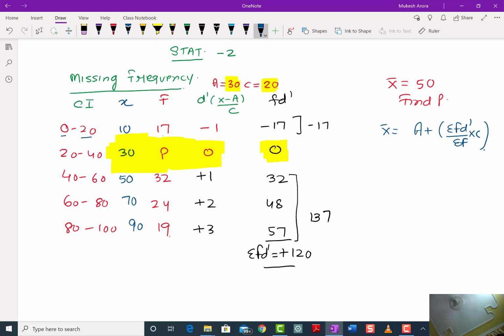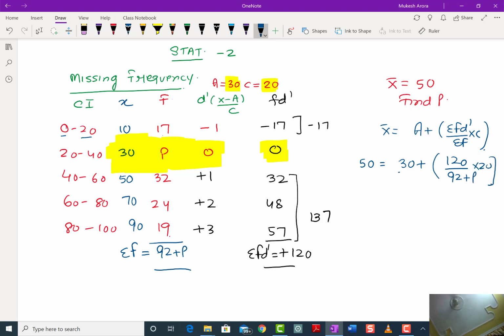Let's see how. The mean given to us is 50, this is 30, this is 120, and this is the frequency. Sigma f is equal to 92 plus P, so 92 plus P into 120.